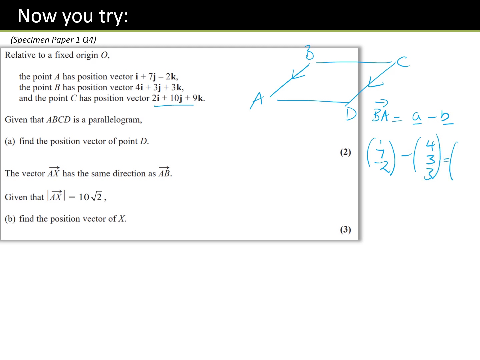So that's going to give us minus 3, 4, and minus 5.